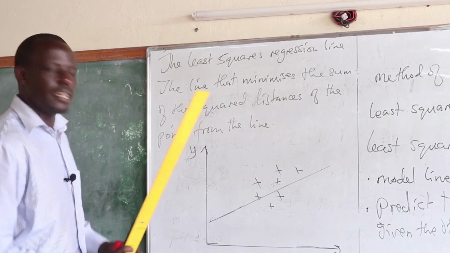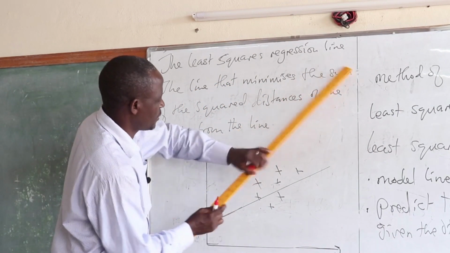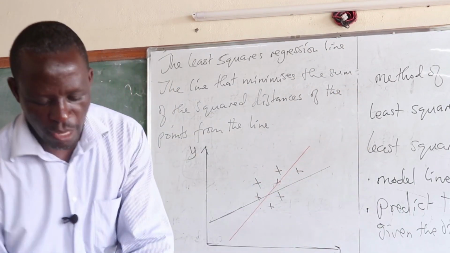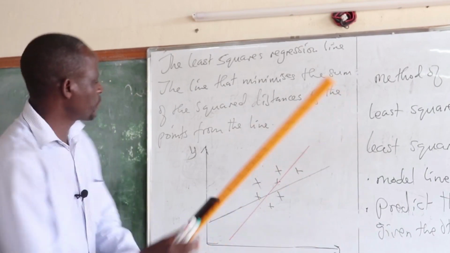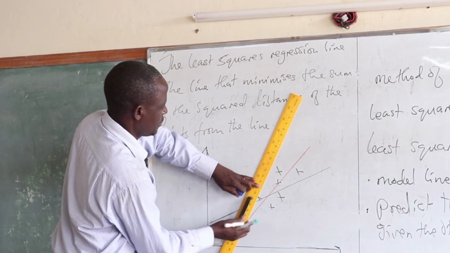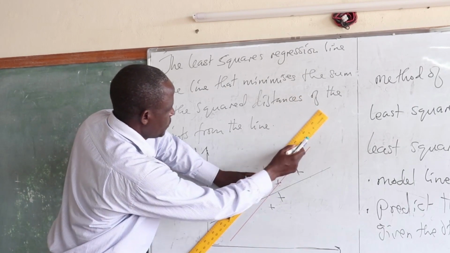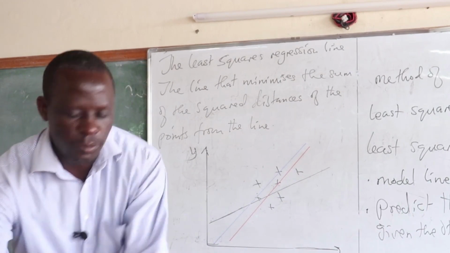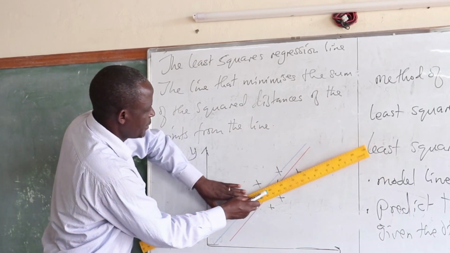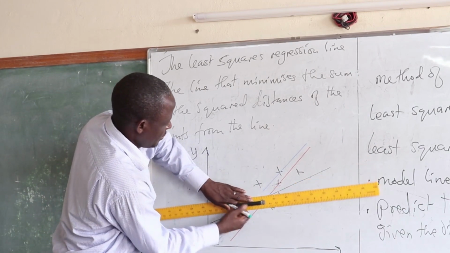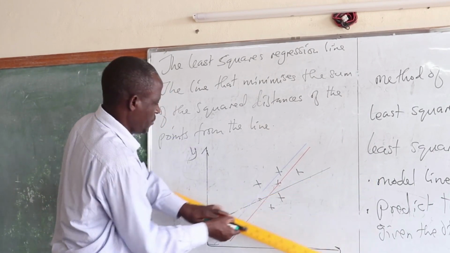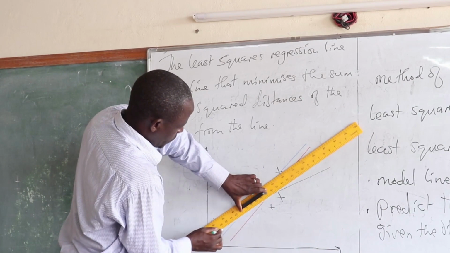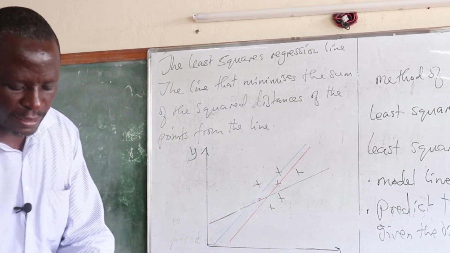Let's say this is line number 1, and we consider this other line as line number 2. We can also have another line, and probably this other line. So you see, I have 4 lines.